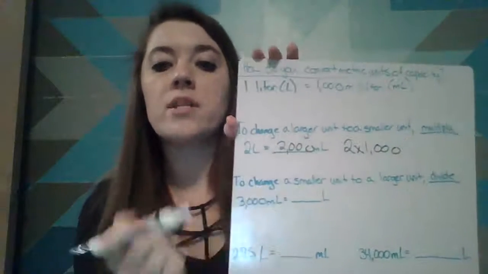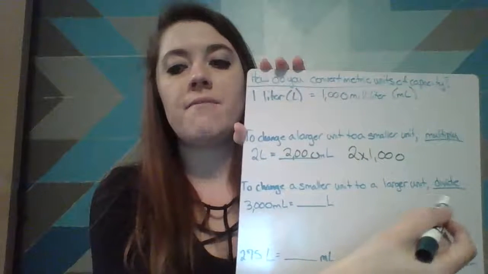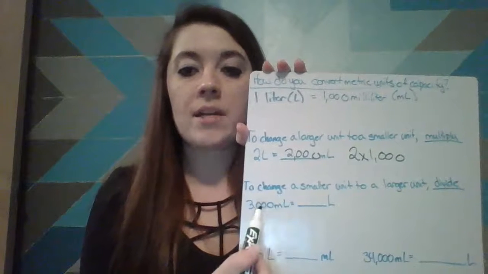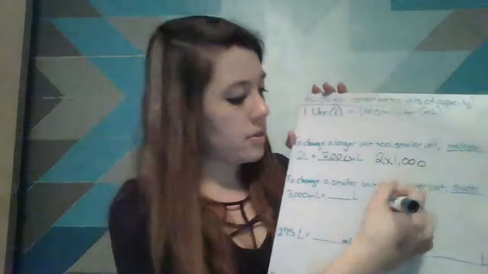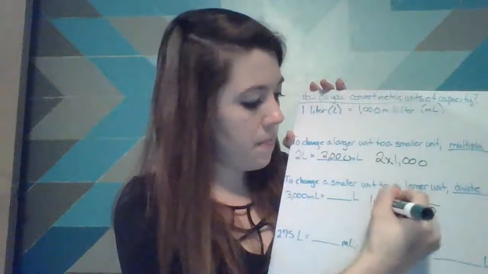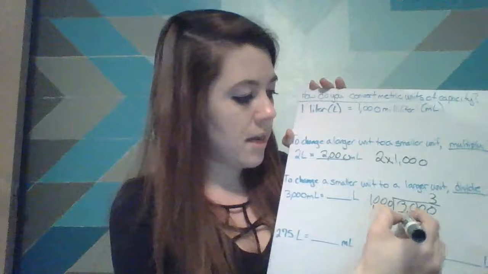Now, same as before, to change from a smaller unit to a larger unit, we are going to divide. So we're going to take our 3,000 milliliters and divide it by 1,000 to find out how many liters. 3,000 divided by 1,000. 1,000 can go into 3,000 3 times.